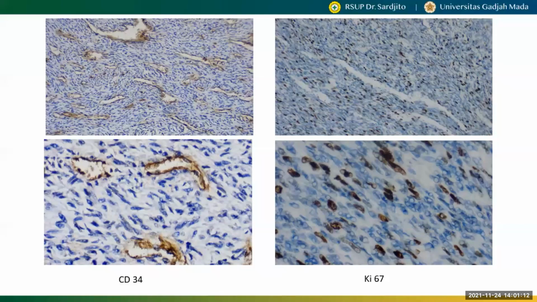So we concluded negative. And we see here the Ki67 is in almost most of the cells. So we counted around 75%.